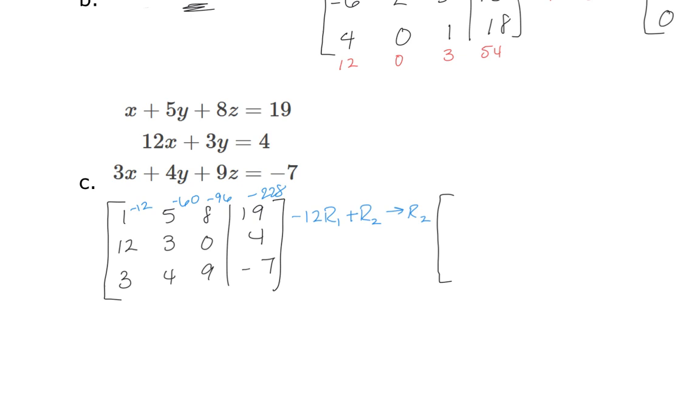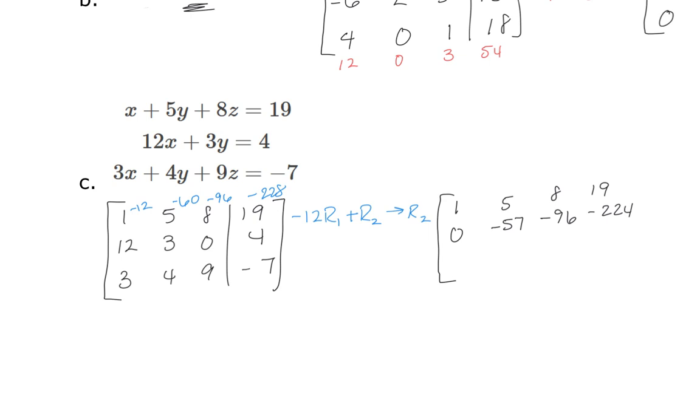Since the answer is going back into row 2, I have 1, 5, 8, and 19. Row 1 gets written down exactly as you see it. Row 2 becomes a 0, -57, -96, and then -224.